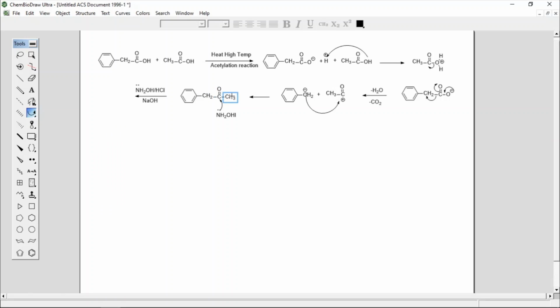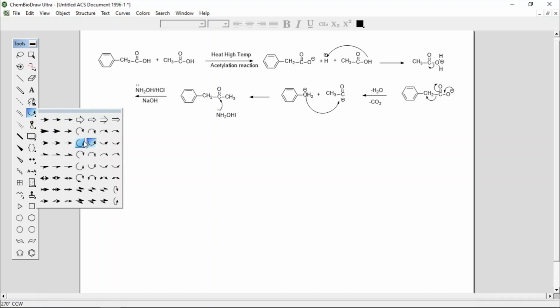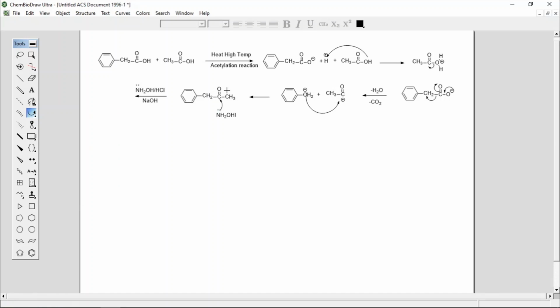Okay, now this phenyl acetone has this carbonyl carbon, and in the carbonyl it has one pi bond and one sigma bond, so that pi bond will break and the bond pair shifts on oxygen. In that pi bond, one electron is shared by carbon and one electron by oxygen, so both electrons will shift on oxygen.